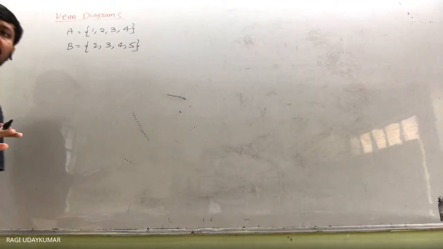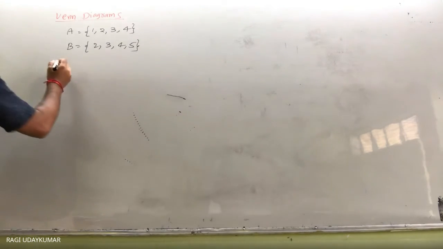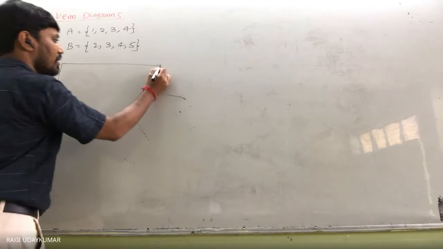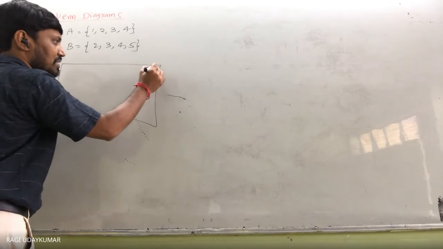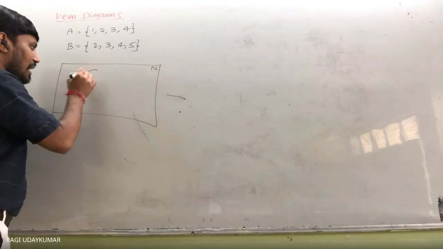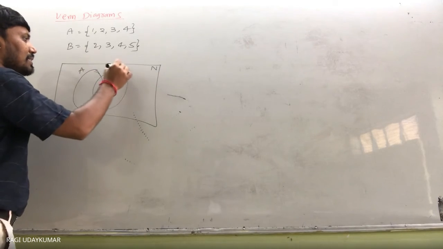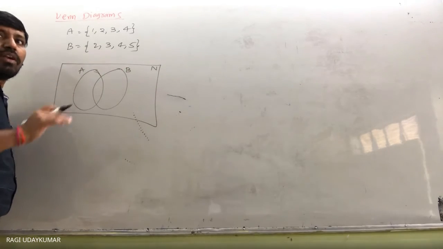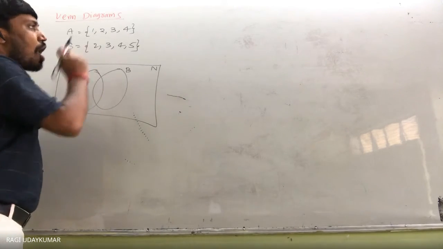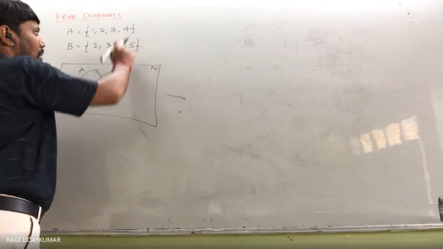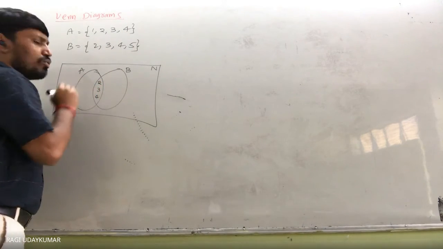And here these two are subsets of the natural numbers. So if you want to represent them, this is the natural number set which is the universal set, and here this is set A and this is set B. First what you have to do, you have to fill the numbers which are common to both. दोनों में कॉमन क्या है? 2, 3, 4 है, इधर 2, इधर 3, इधर 4.